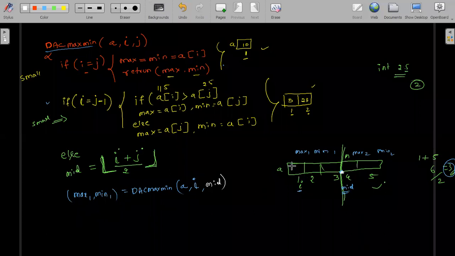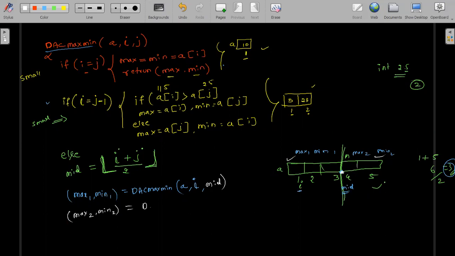Again one more, this is fine. Again come to this side, see here, now max 2 min 2, that is equal to max min. So what is the array? Same array. Where is it starting from?